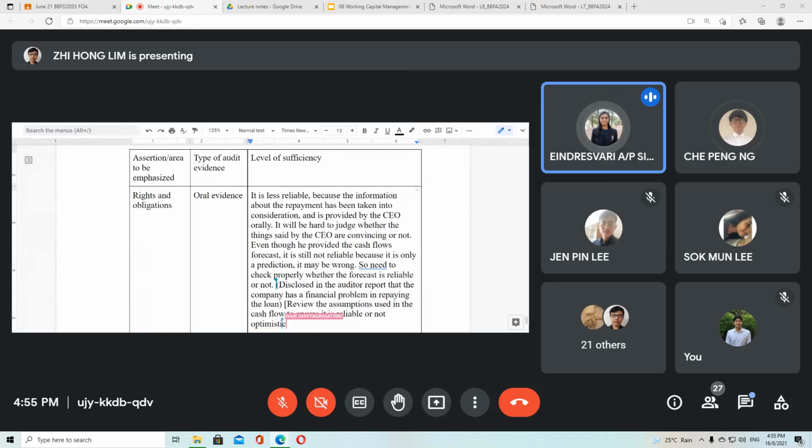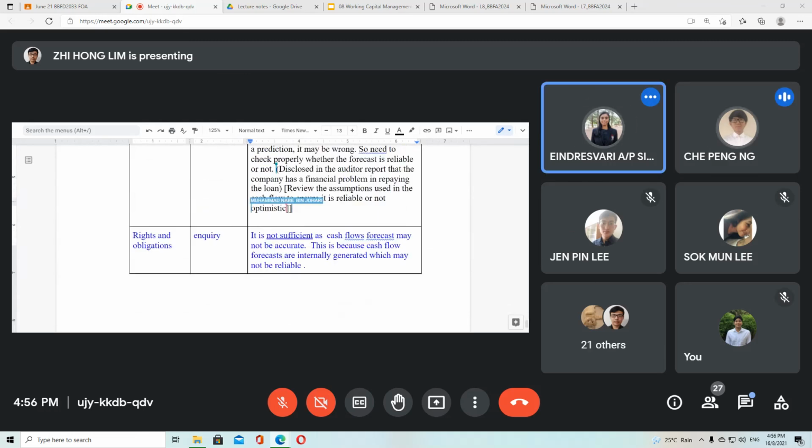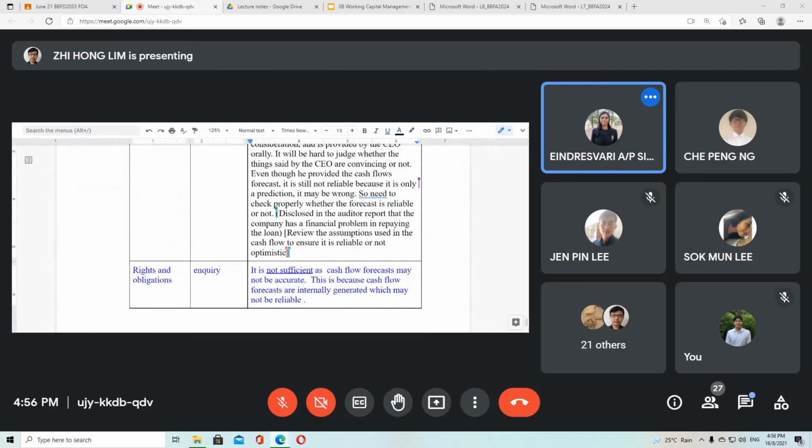Can follow? Any other question? No question. You cannot say cash flow forecast internally generated.